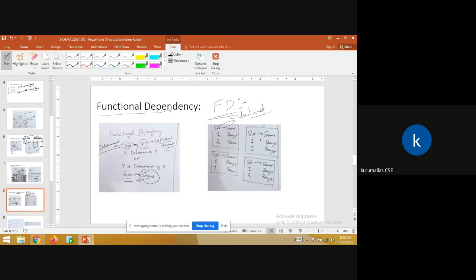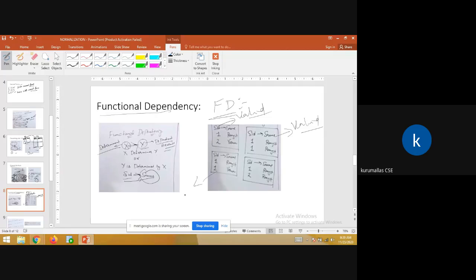Valid. Next one, SID and SName, roll number 1 Ranjit, roll number 1 also Ranjit. Even though we have two rows with the same SID and same name, there is no problem. So this is valid. And if you observe here, SID tends to SName, roll number 1 and Ranjit, roll number 1 and Varma.